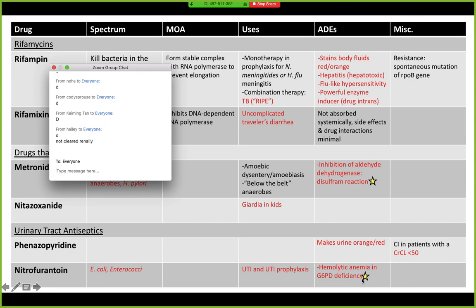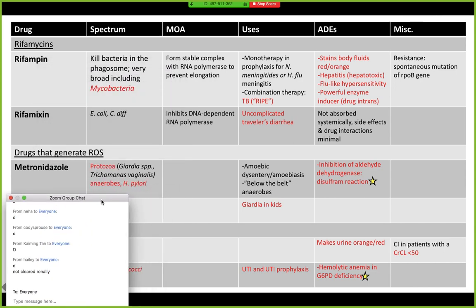And then here's another one involved in G6PD deficiency, so nitrofurantoin. And then metronidazole. Usually most board questions involving metronidazole are either talking about a below the belt infection, which she didn't have in red, so don't worry about that. The thing I would worry about right now is your disulfiram reaction.